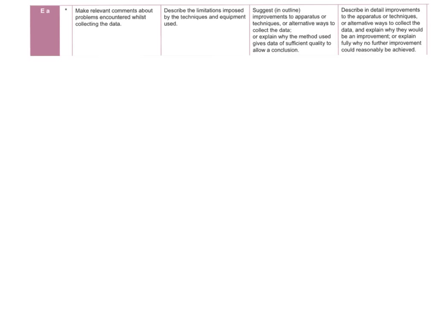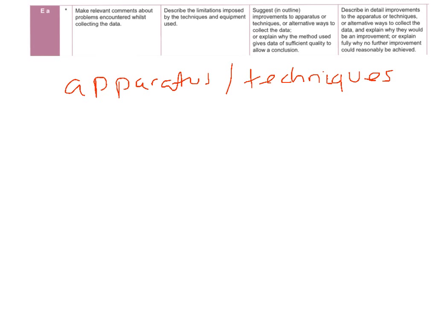Right, 7 or 8. We're still talking about apparatus and or techniques. It really depends on what investigation you're doing, whether you can get something for both or one or the other. Then what have we got to do?